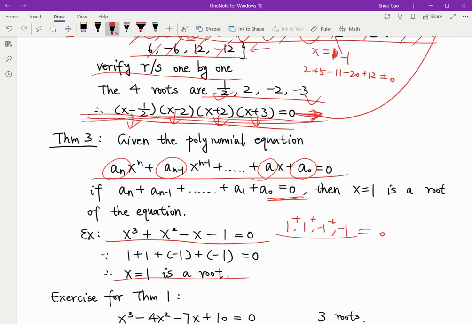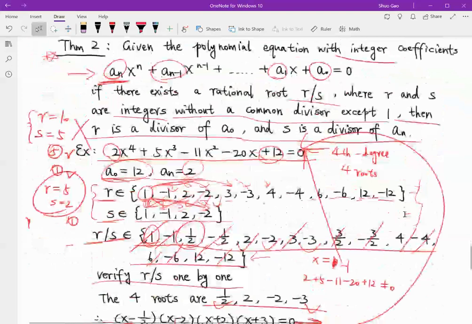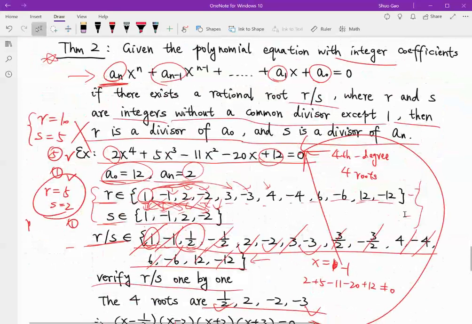Right, okay. So if you plug in x equals 1, this is 1 plus 1 minus 1 minus 1, so this is 0. Okay, so there's theorem 3. But more generally, we use theorem 2 to find the solution.